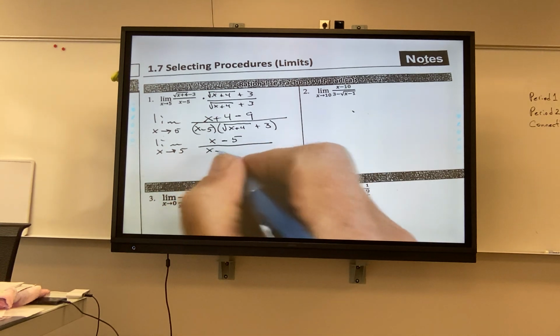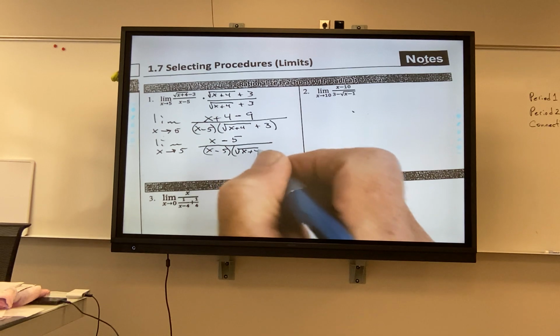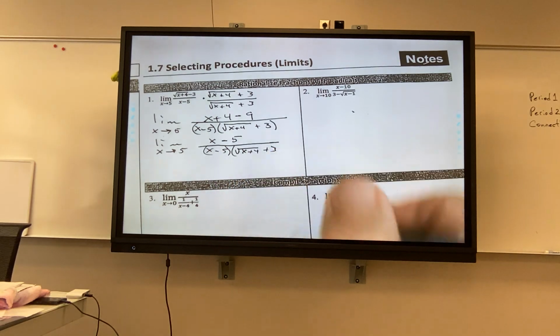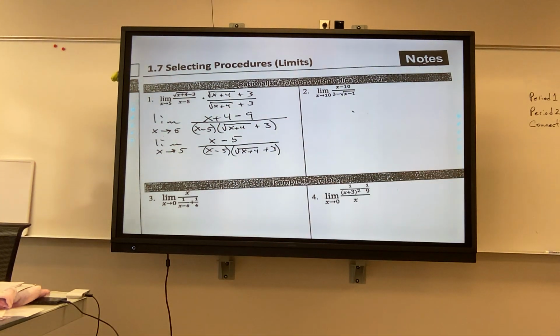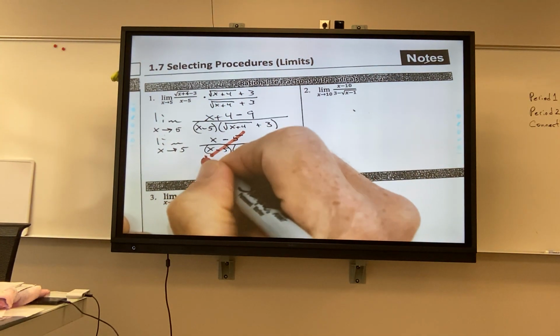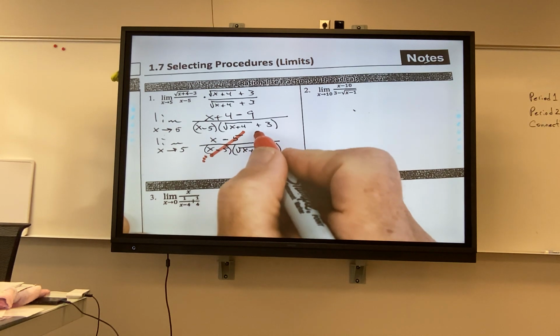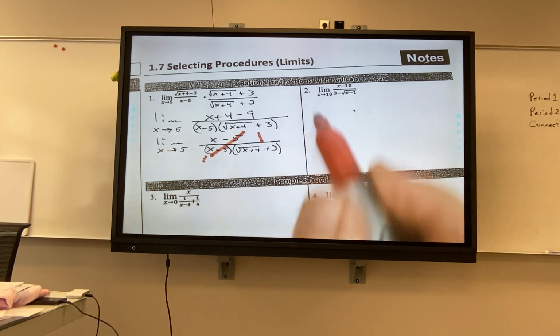I get x minus 5 over the square root of x plus 4, plus 3, in parentheses. Bam! What's left here? A 1, correct?